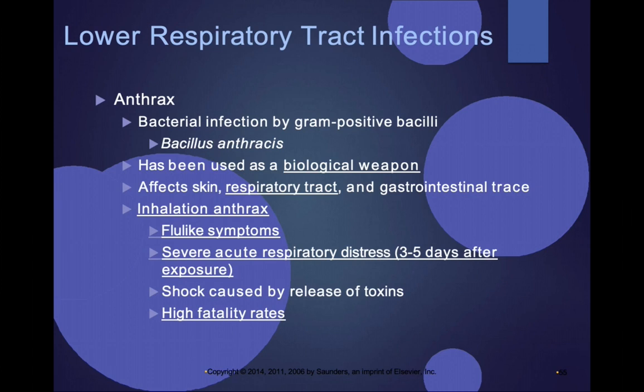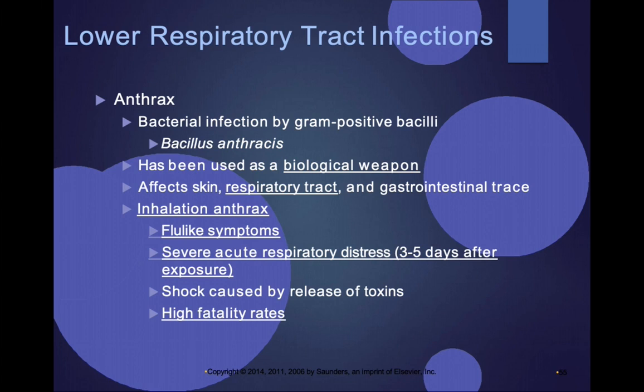Anthrax, this is a bacterial infection that's caused by a gram-positive bacillus called Bacillus anthracis. Now, this has been used as a biological weapon. It affects the skin, the respiratory tract, which is why we're covering it here, and the GI tract. You inhale the anthrax, and you start with flu-like symptoms, and then it advances to severe acute respiratory distress within 3 to 5 days after the exposure.